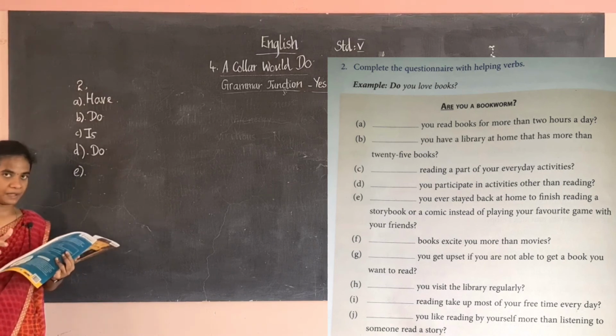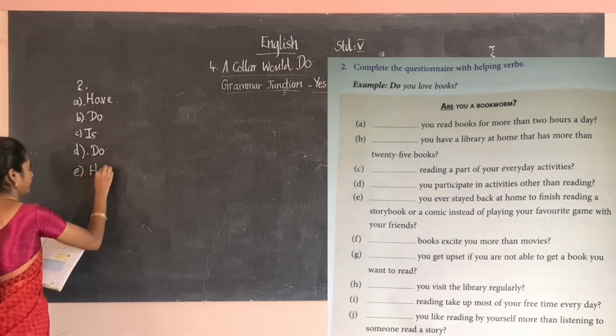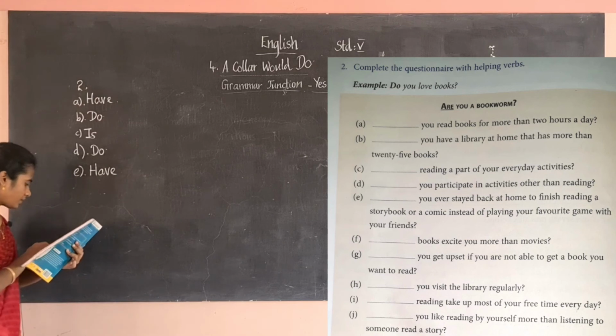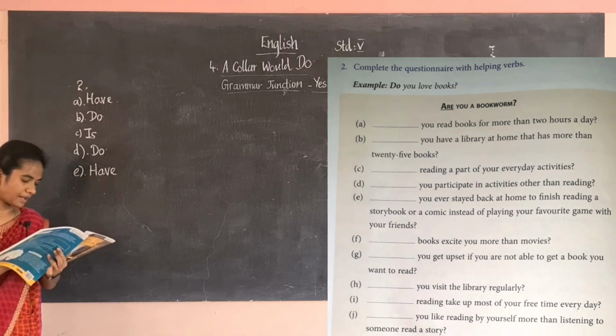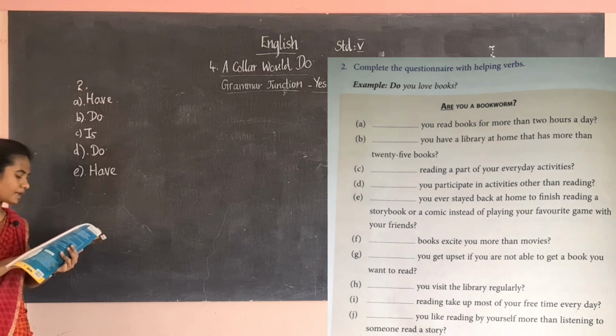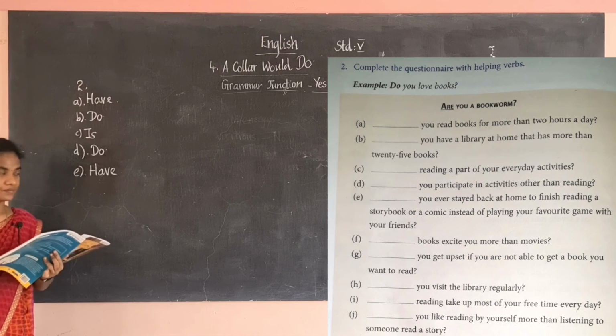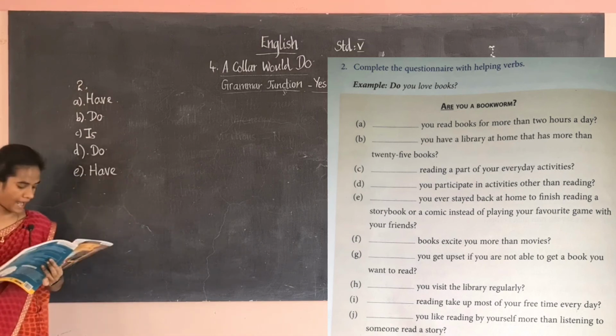What helping verb can we use? We can use have. Have you ever stayed back at home to finish reading a storybook or a comic instead of playing your favorite game with your friends? Here the helping word is have.